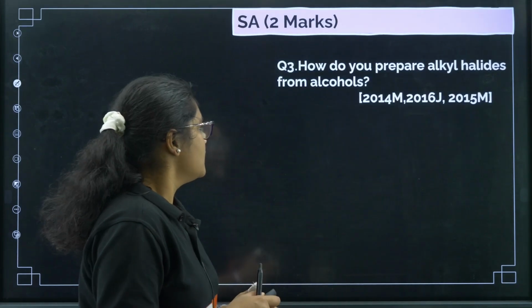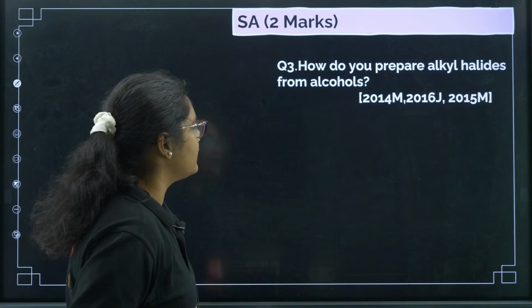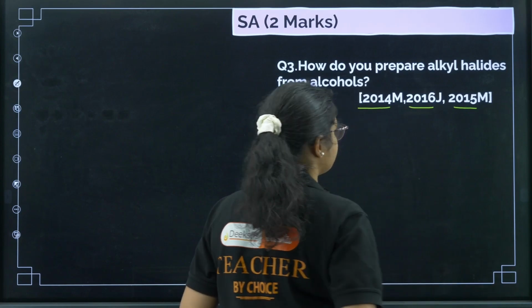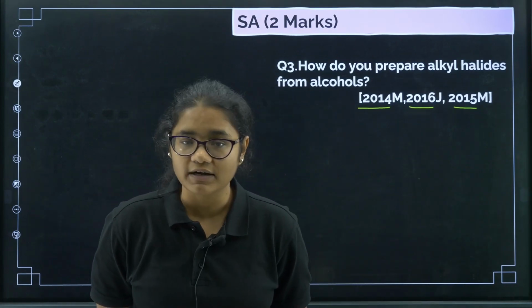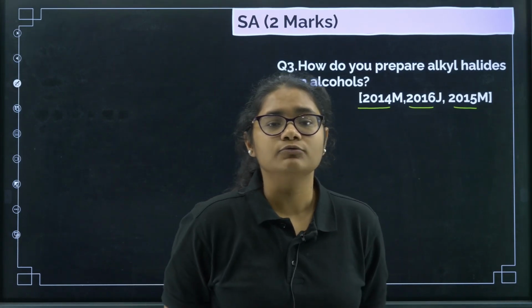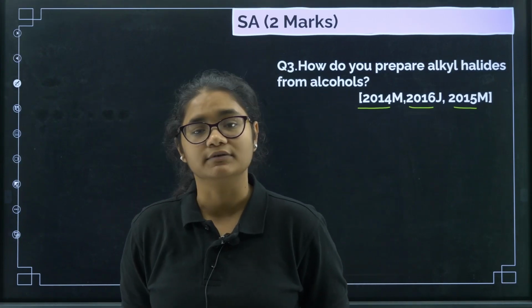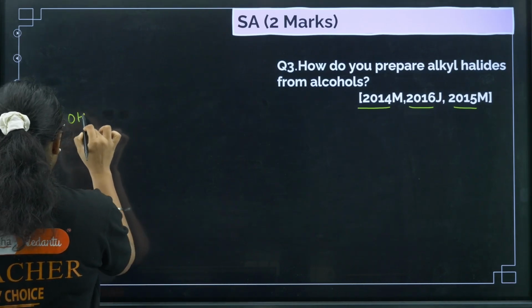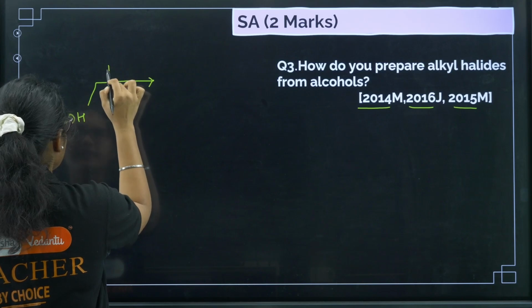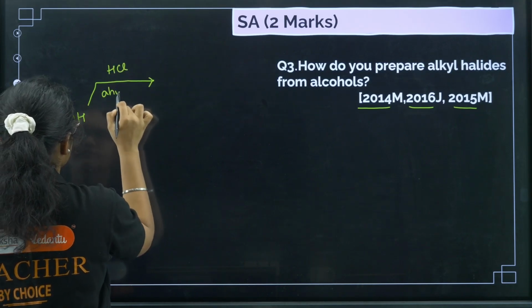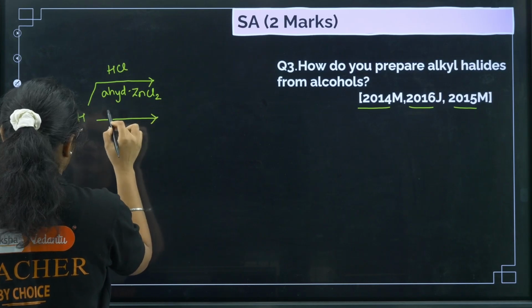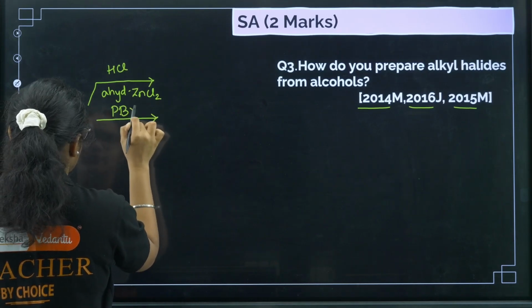Okay, fine. Next, how do we prepare alkyl halides from alcohol? So you can see these questions have been asked in 2014, 16 and 15. Okay, repeated question. So there are different methods. There are almost 4 to 5 methods from which by using alcohols you can prepare alkyl halides, right? Some of which I can remember now: if you have ROH, okay, and if you treat it with HCl and anhydrous ZnCl2, then you can treat it with PBr3, right?